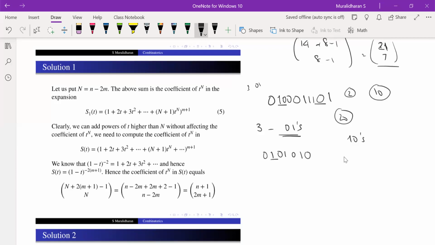I have 1, 2, 3. In this case, how many are there? There are only 2. This is 01, sorry, 10 and a 10. So this has only 2. This had 3. Right? This had 3. So anything else is possible?